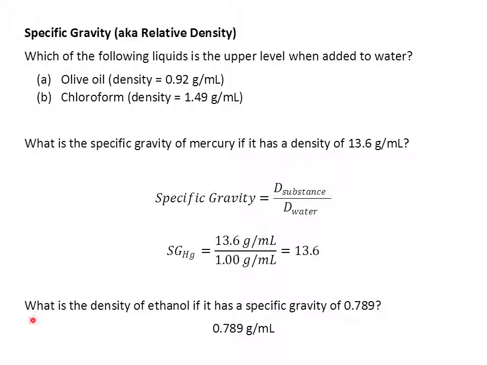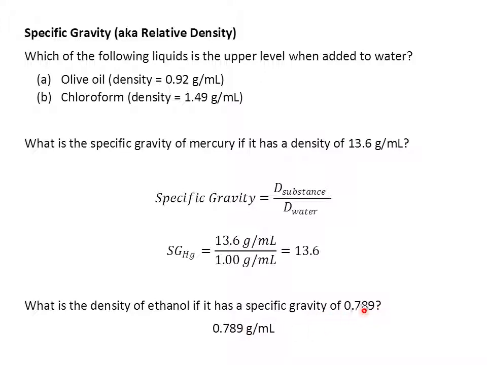Last problem. What is the density of ethanol if it has a specific gravity of 0.789? Well, recall what specific gravity is. It's just the ratio of density of your substance to the density of water, and it's a dimensionless number. So if I want to know what the density is, I just tack on the density units here.